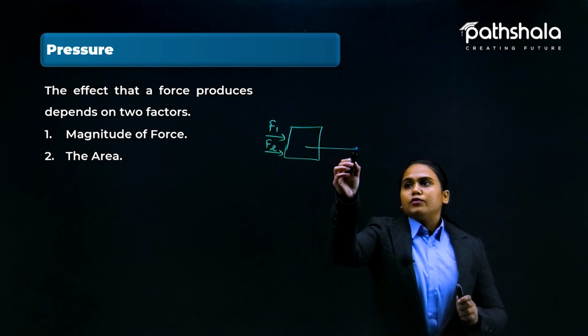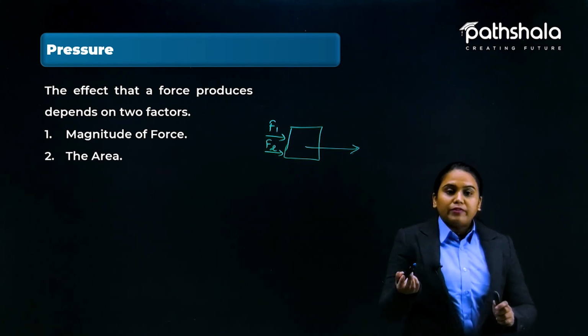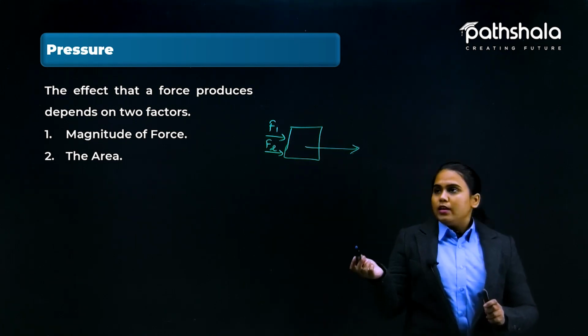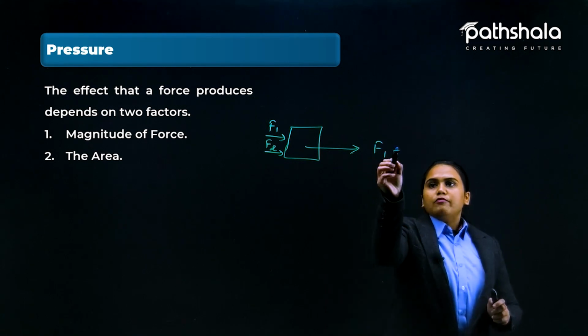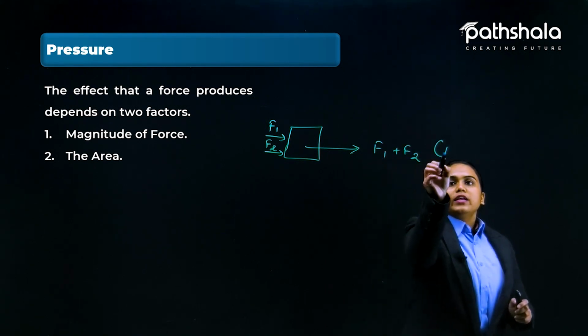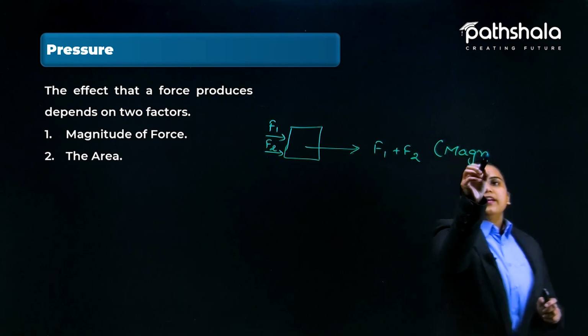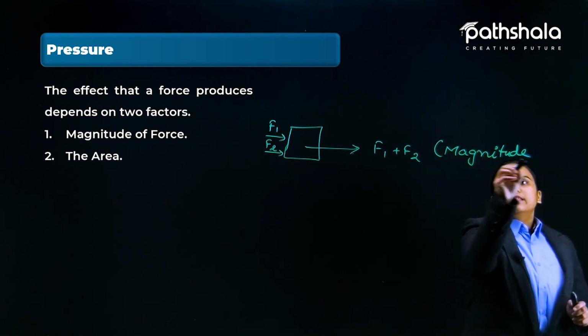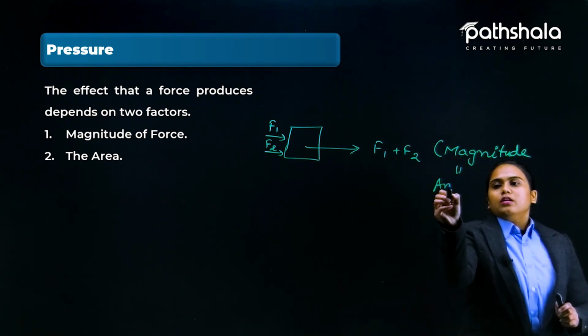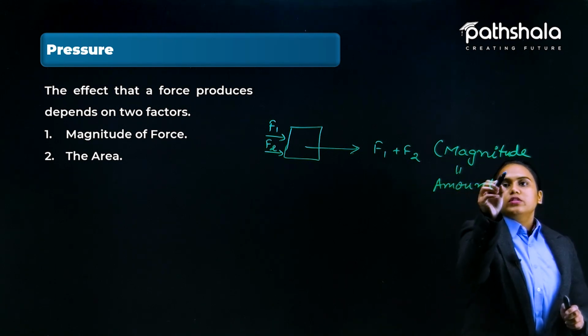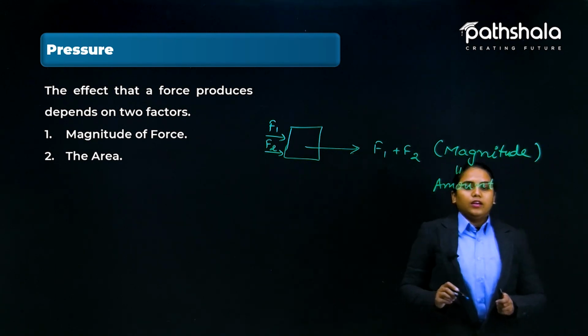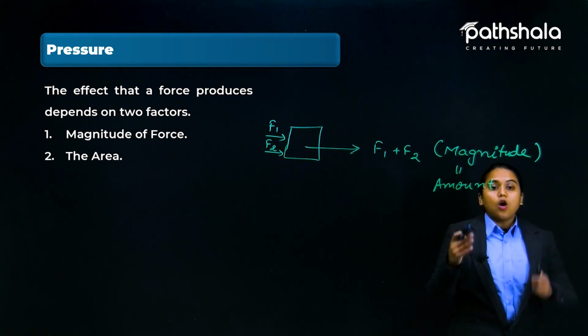Now this box will move with a greater velocity compared to the previous one. Of course, now it becomes F1 plus F2. So, what is magnitude here? Magnitude is the amount. How much force is exerted? This is the amount.